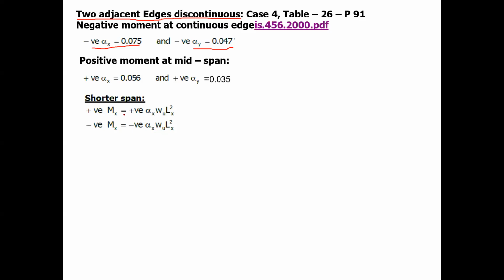Sir, Mx positive 11.406. Okay. What about negative? 15.27. Okay.